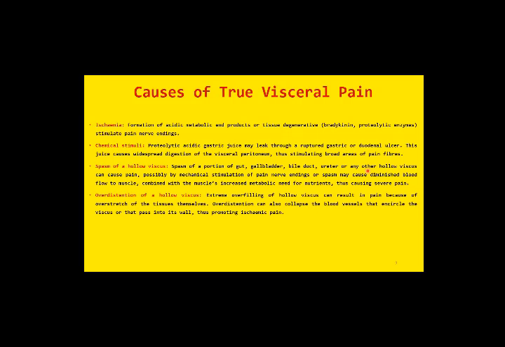Then overdistension of a hollow viscus may promote ischemic pain. For example, overfilling of stomach. This will cause overstretch of the stomach tissues. So overdistension of hollow viscera may lead to ischemic pain.